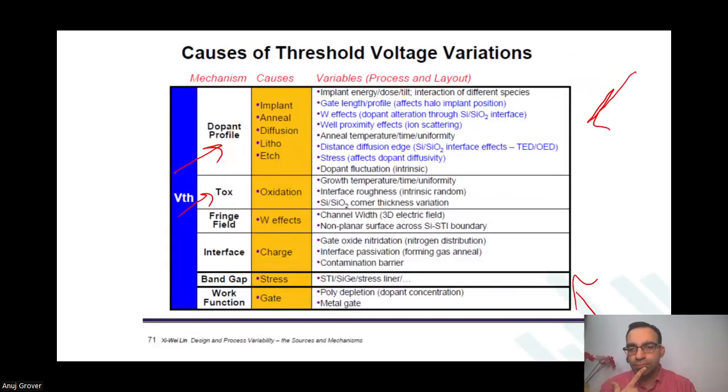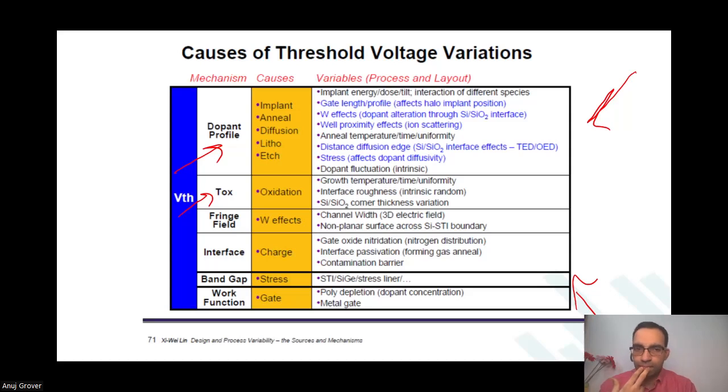For example, the first row that I'm seeing: you have the dopant profile, and there could be various causes, and then you have the variables put there. If certain fluctuations or variations are happening due to the dopant profile, you will be modeling them as VT variation, right? Yes.